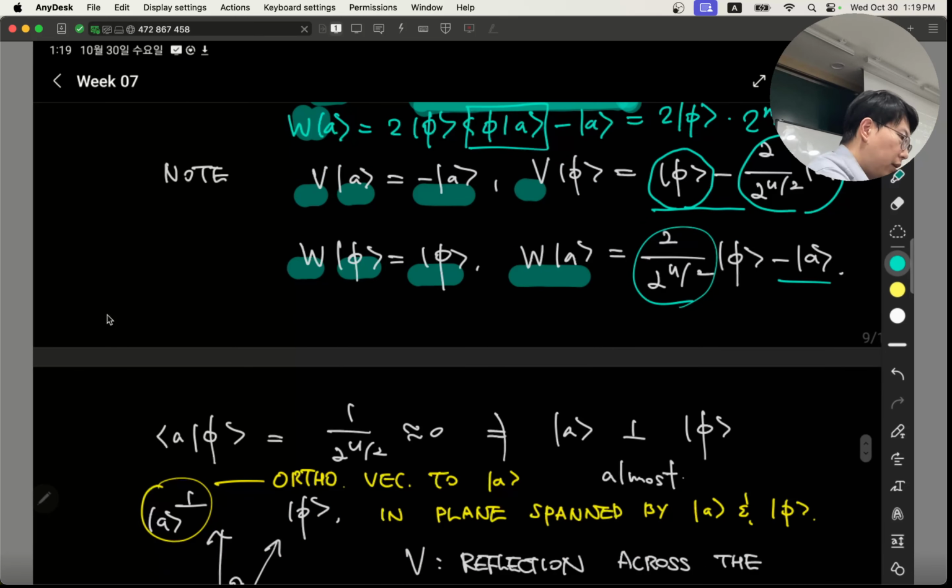And now let's think about why we're talking about phi. If you take the inner product between A and phi, that's 1 over 2 to the n over 2. Here we are dealing with lots of characters in the string. If you have a small number of characters, you can just use your classical computer. Let's say you have a list of 10 characters.